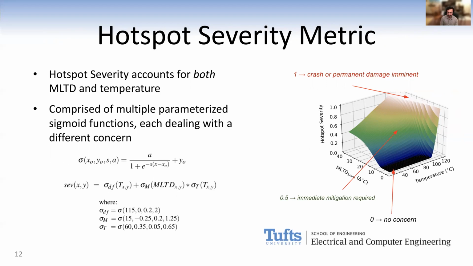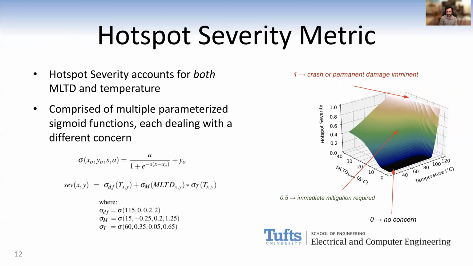We further define that the value should be 0.5 under conditions where immediate mitigation steps are required in order to avoid hotspots. The severity metric is a function of multiple sigmoid functions which have the following form. This parameterized sigmoid function was chosen because it enables smooth interpolation between low and high values and has other parameters that can be adapted as needed in order to match desired constraints.